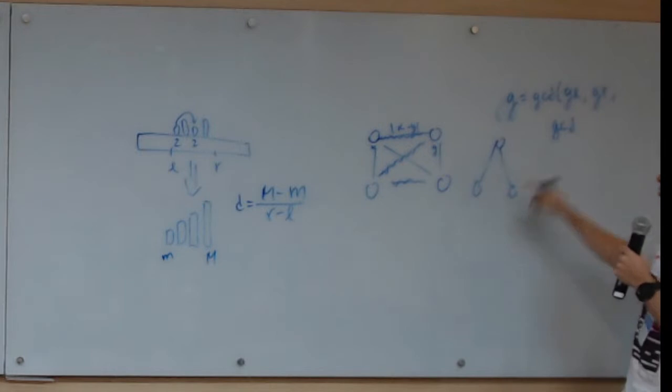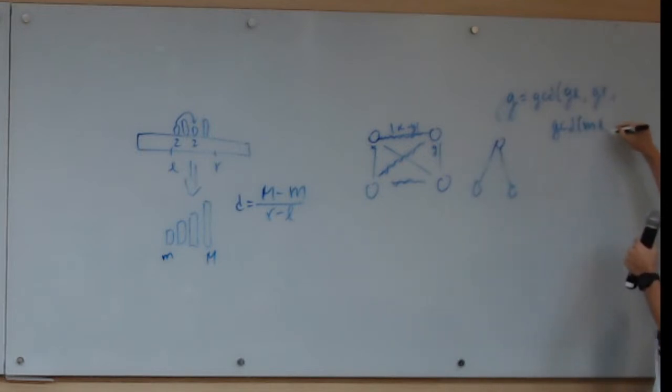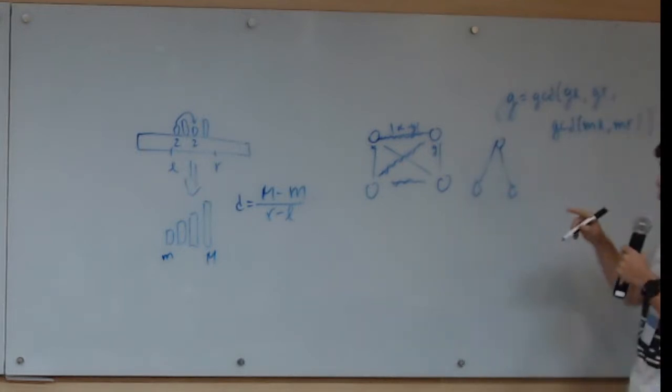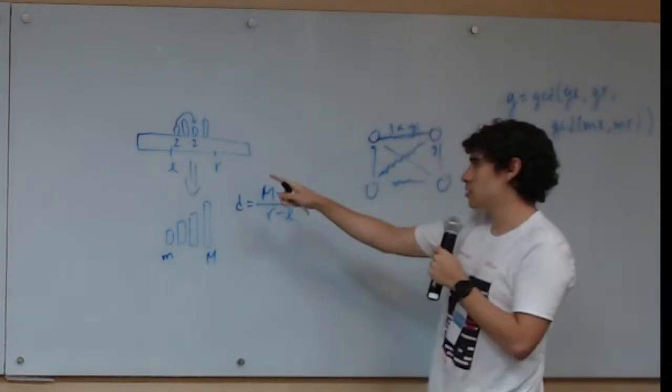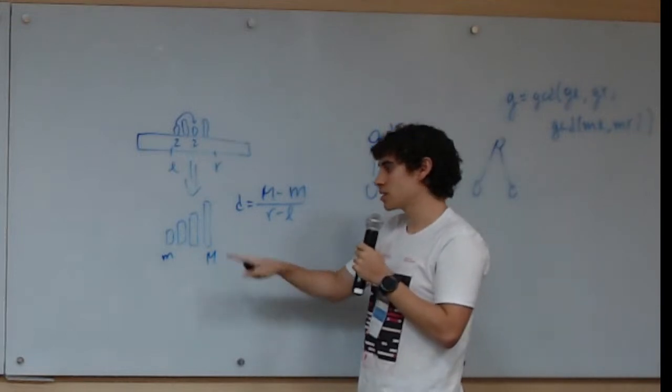You can take the minimum on the left and the minimum on the right. And this works. So just check this GCD for the range. If it is equal to D, then yes, otherwise no.